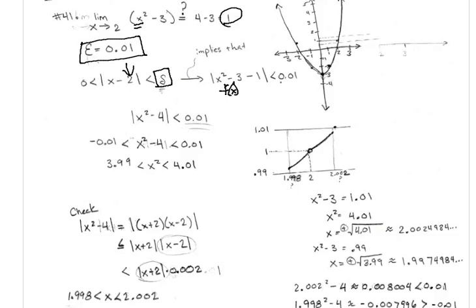And the height of our box given arbitrarily by the problem in the book is 0.01.